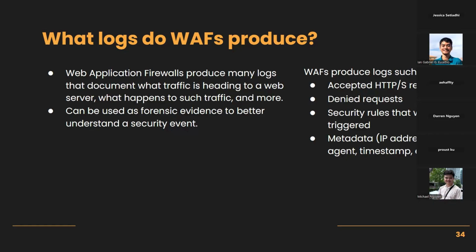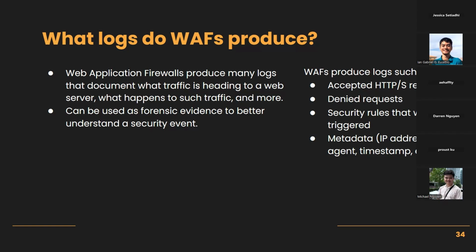The importance of these logs is that they can be used as forensic evidence. In the circumstance that a security event occurs, it's important for analysts to analyze the full scope of what this security incident looks like.